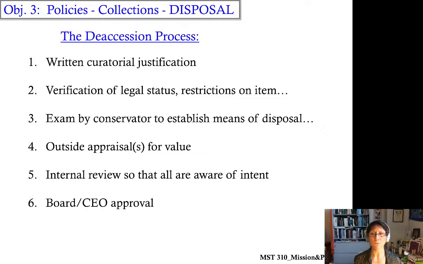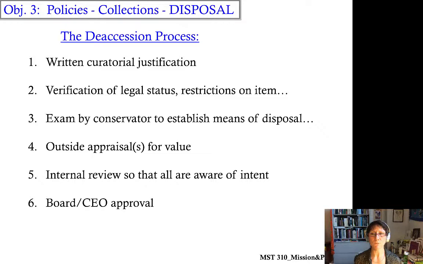Usually there's some sort of outside appraisal of value. So especially if you're planning to sell it, right? So no one within the museum should ever engage in any sort of appraisal of an object for insurance purposes or sale purposes or for any reason. So there's a conflict of interest there because, and we'll talk about examples of this, museum people might intentionally or unintentionally inflate the price or value, deflate the price or value.